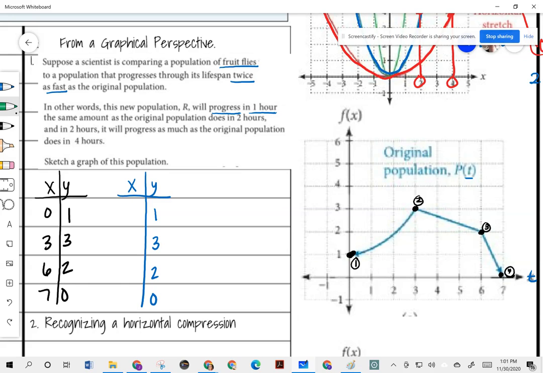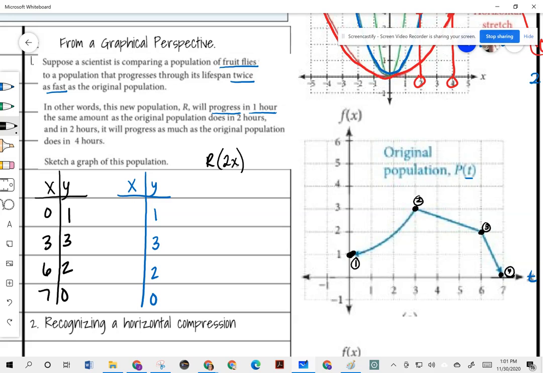And then we just talked about that my X values are getting smaller. So I'm multiplying my X values by half as much. And if you think about this, this is trying to say this population here, I don't know, R, is going to be twice as fast, right?